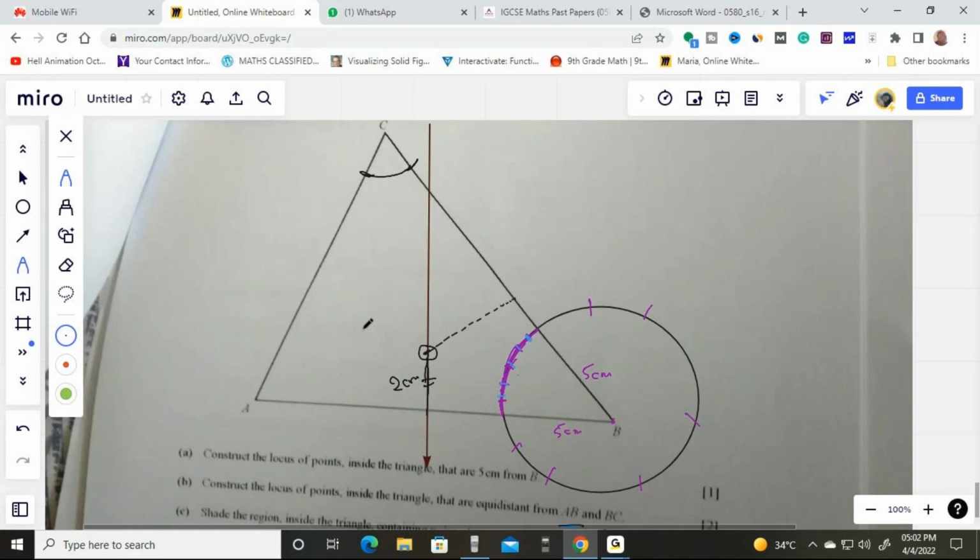No, it is greater than 2 centimeters, right? So it is not equidistant. So the perpendicular bisector won't help.